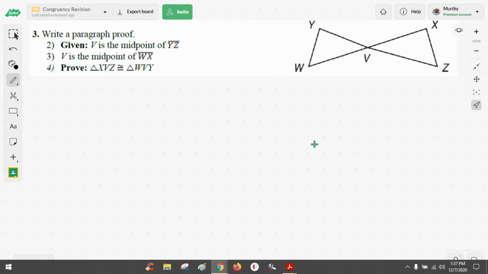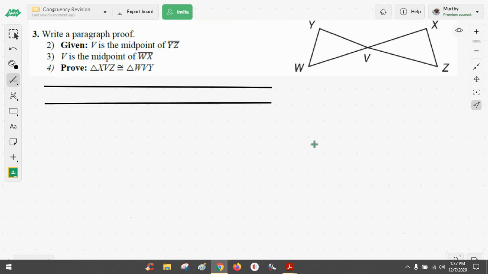Write a paragraph proof. But I personally prefer drawing the T chart. That one is a more comfortable method for me. So let's not change the strategy. So let's take this way.